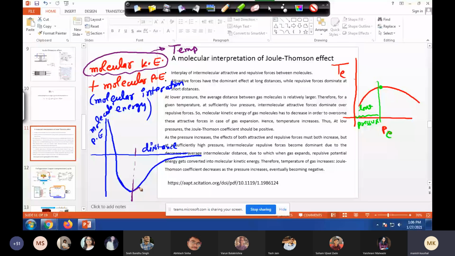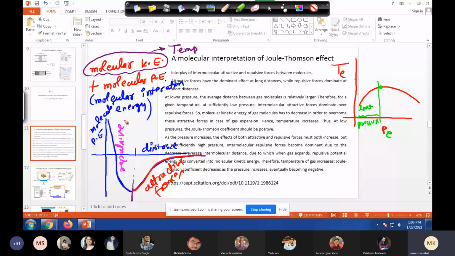If I am wrong, you can correct me, because you are more fresh than me in terms of these concepts. But I think I am right. Is it fine, Bhavna? Am I right? Yes, sir. So this zone is where attractive forces dominate, and in this zone, repulsive forces.